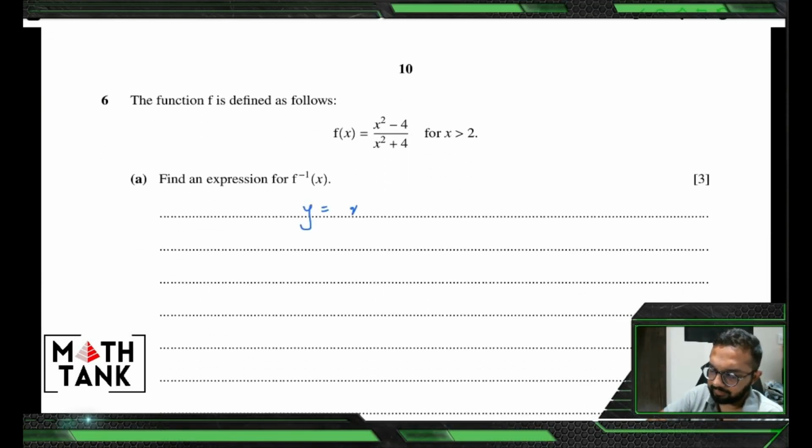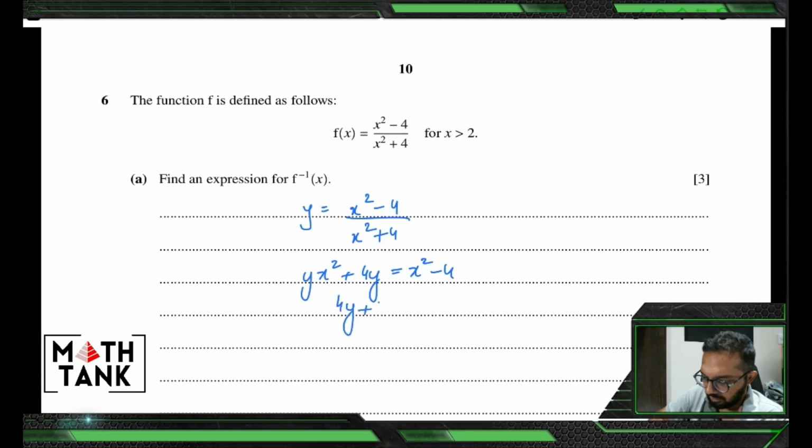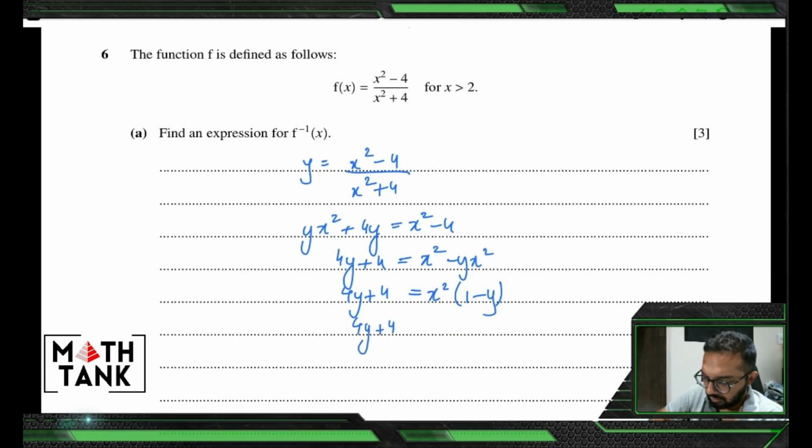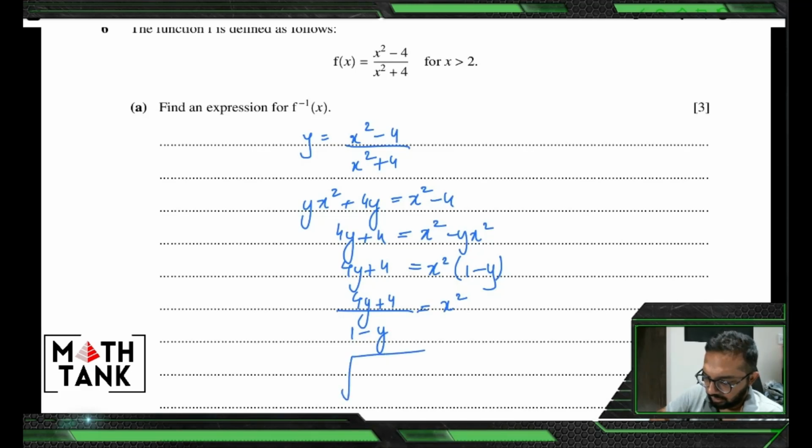So I'm going to say that y equals this, cross multiplying, gathering x terms, okay, and then taking the root.